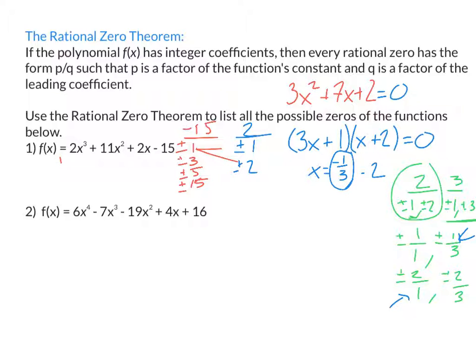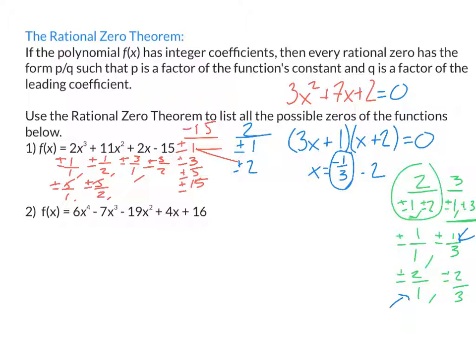So plus or minus 1 over 1, plus or minus 1 over 2. Now I'll do the 3, plus or minus 3 over 1, plus or minus 3 over 2. I'll go to the 5 next, plus or minus 5 over 1, plus or minus 5 over 2.